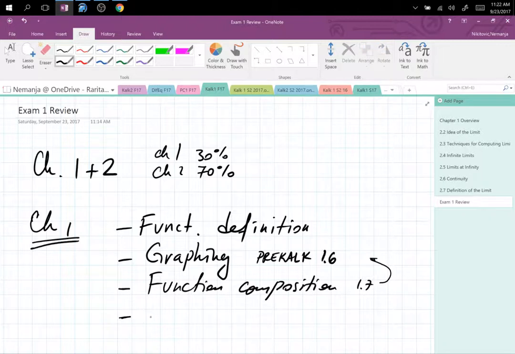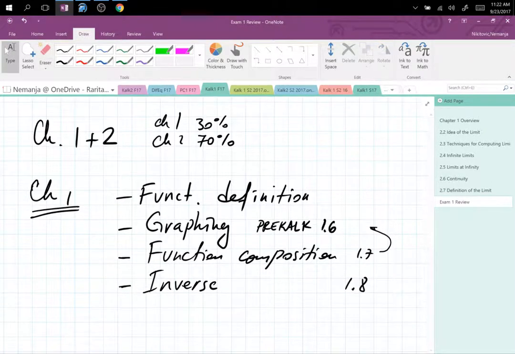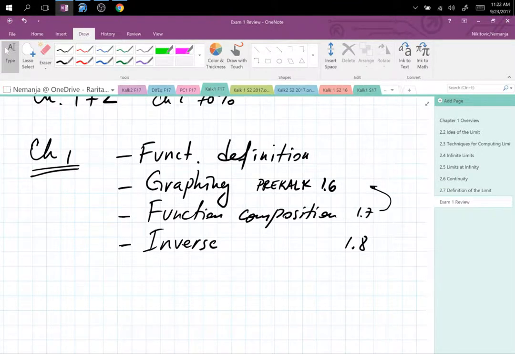And then also the last part is the inverse. That's 1.8 in a pre-calculus book, if you are interested to go and read. Also, you can find my pre-calculus 1.8 on the channel. So that's chapter 1. I expect about 3 problems.